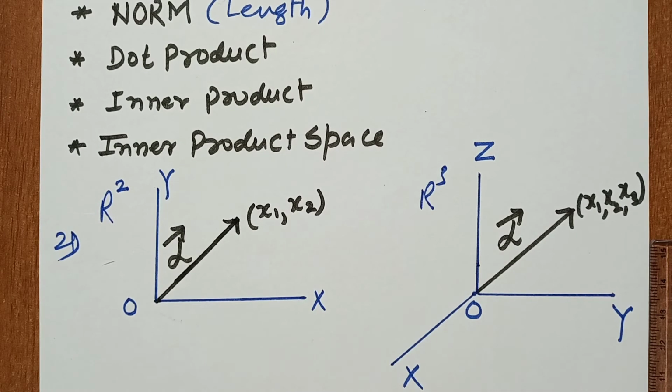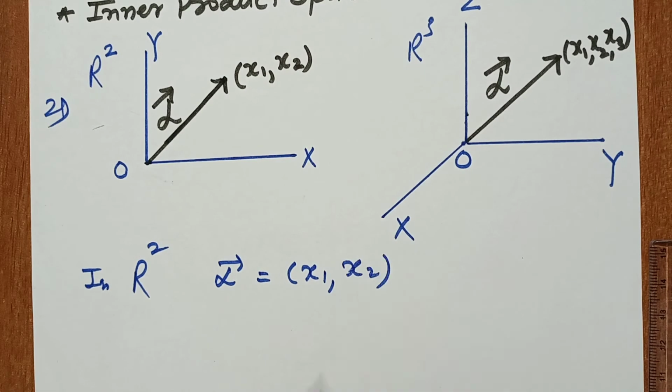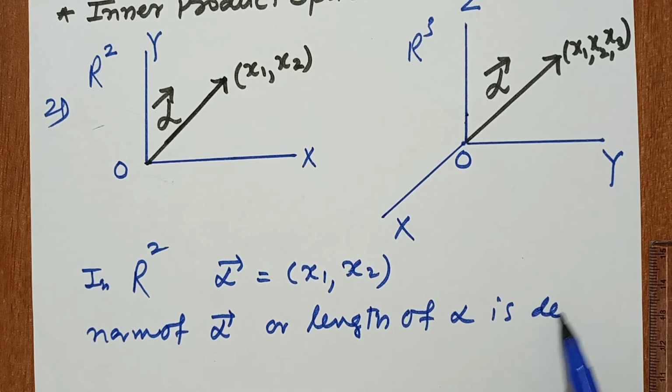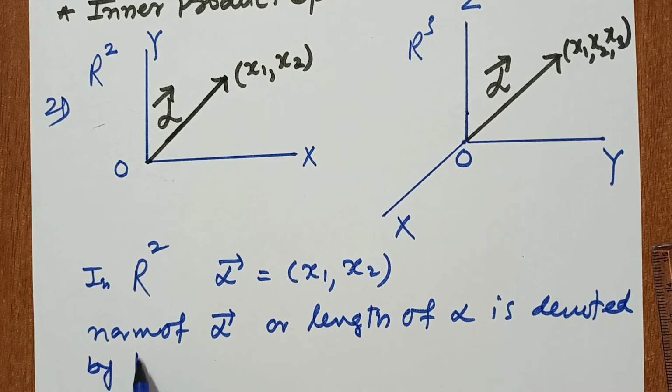So in two-dimensional space R2, if alpha is equal to x1, x2, then the norm of alpha, norm being nothing but the length of alpha, is denoted by this notation.